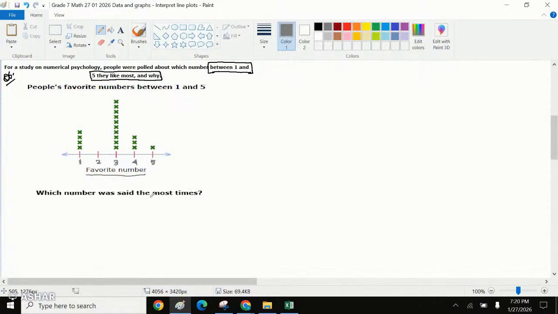Okay, which number was chosen by most people? Which number was the favorite number of most people? The higher the plotting, the maximum it is, right?